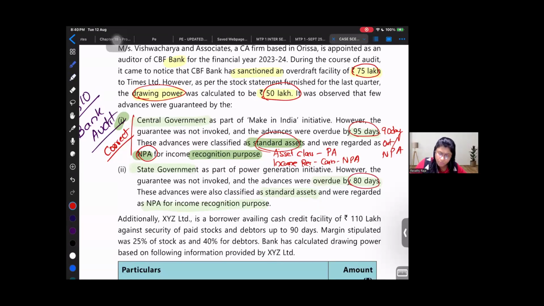Do you need to see the NPA here? NPA is only if it is 90 days, na? So is the contention correct here? So this is said to be false or incorrect. So which statement is correct? Statement 1 correct, statement 2 wrong. Did you understand?